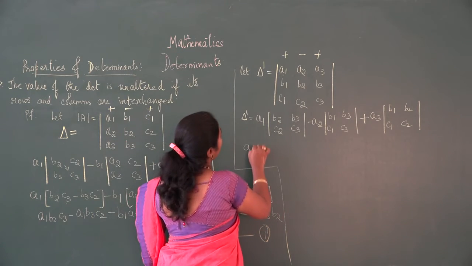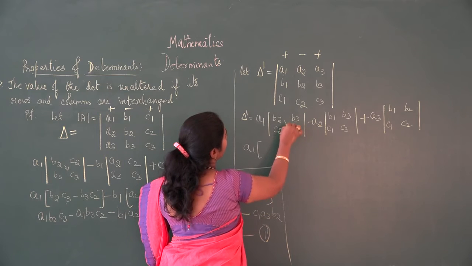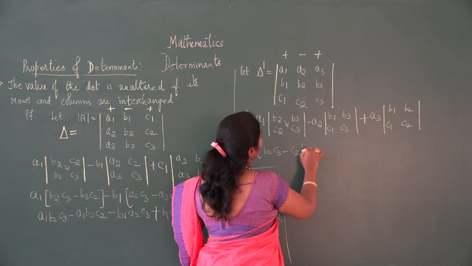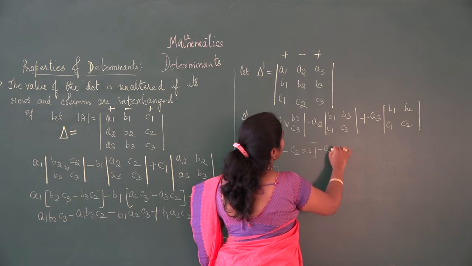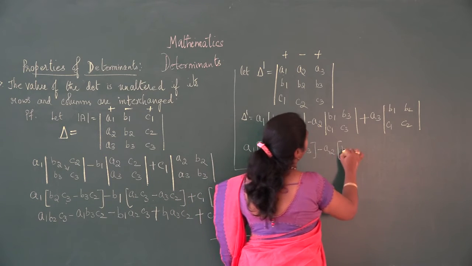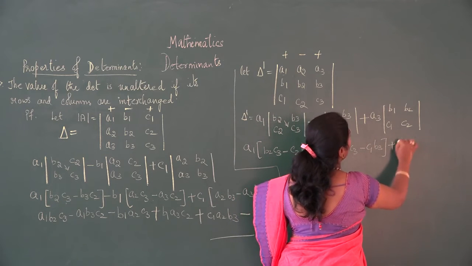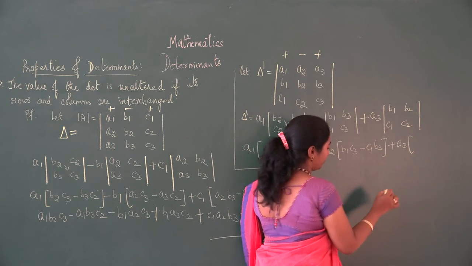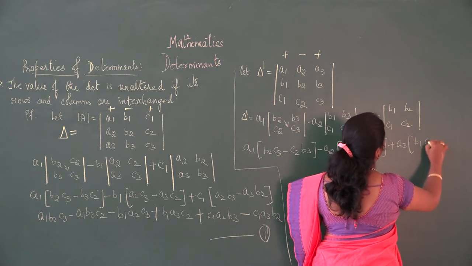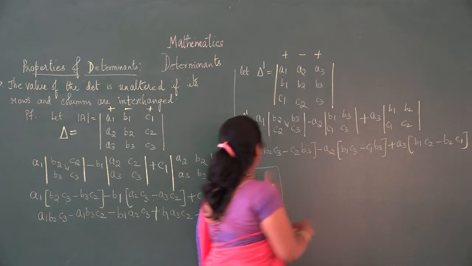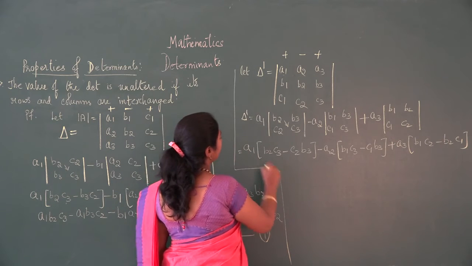It is plus A1 into B2 C3 minus C2 B3, minus A2 into B1 C3 minus C1 B3, plus A3 into B1 C2 minus B2 C1. Multiplying, what do we get?